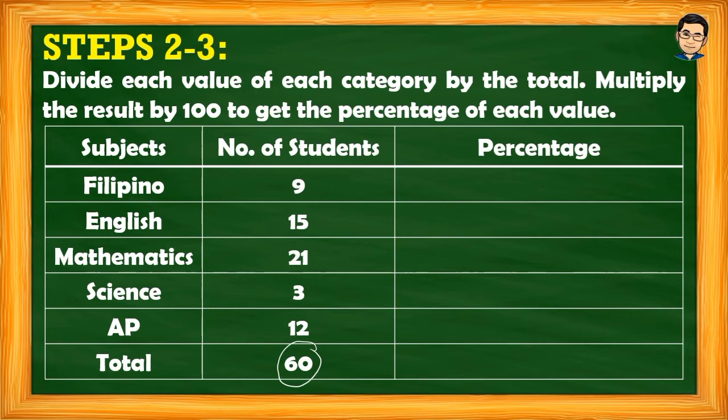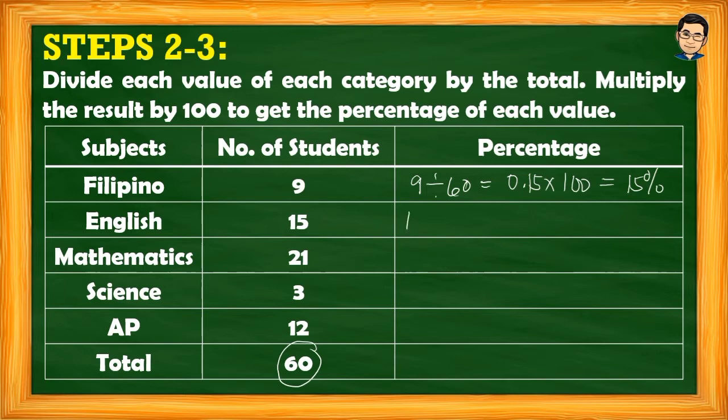So, mangyayari ganito siya. 9 divided by 60. So, the answer is 0.15. And then, multiplying 0.15 by 100 will get 15%.